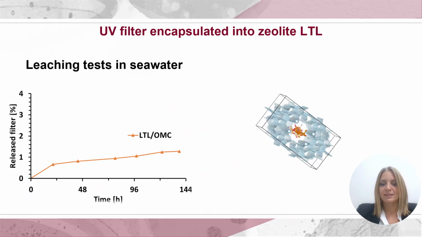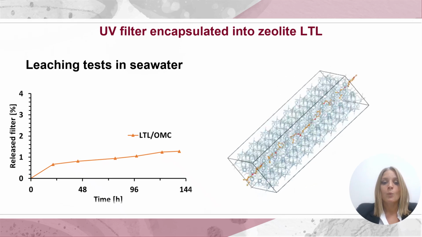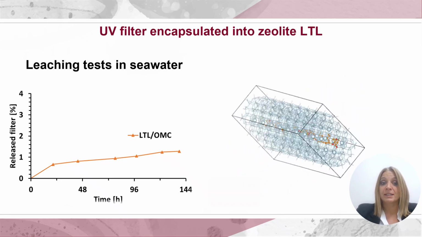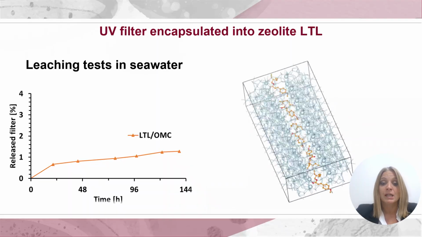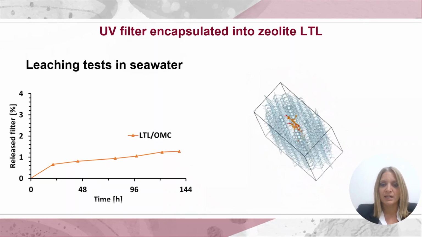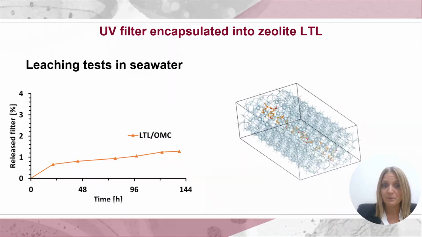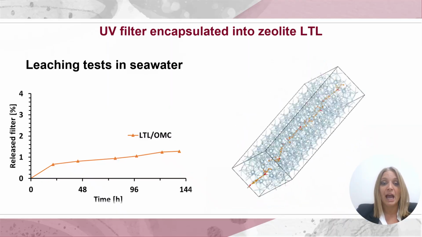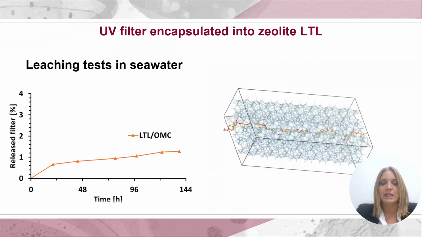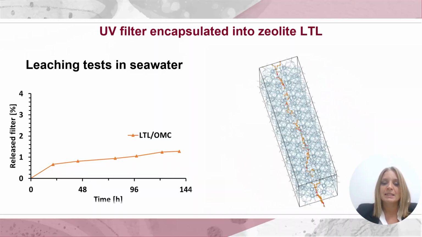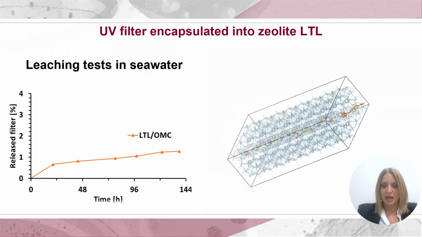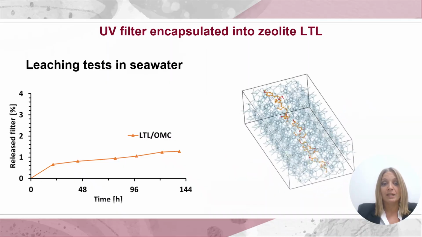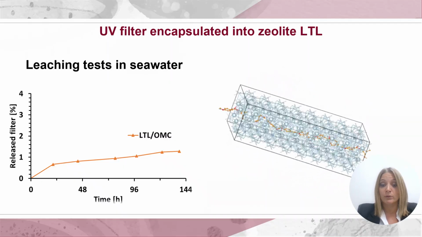Why are these results so important? Because we performed leaching tests in seawater, since obviously we want to use this hybrid material, for example, in solar cream. And you can see here that the release is really low. This is because of the link between the molecule and the potassium in the framework that we discovered thanks to X-ray powder diffraction.